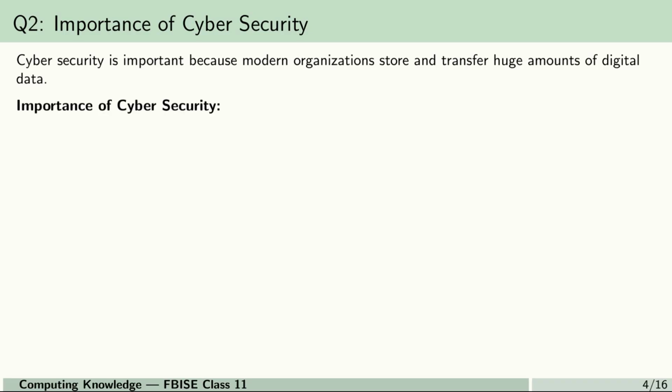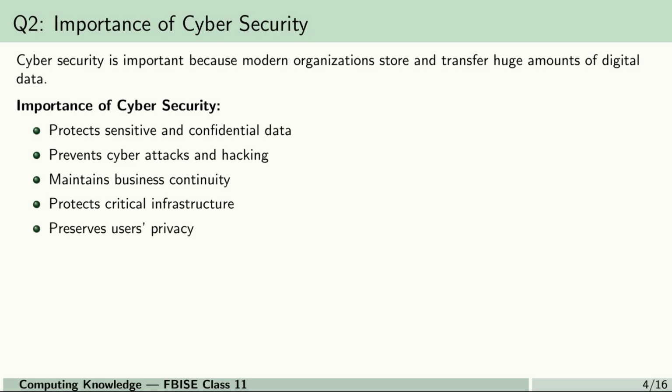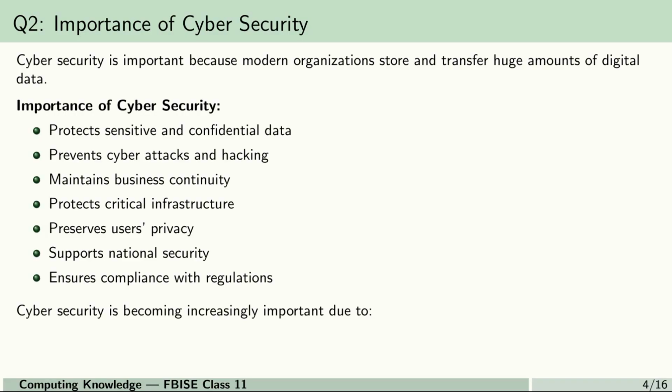Importance of cybersecurity: protects sensitive and confidential data, prevents cyber attacks and hacking, maintains business continuity, protects critical infrastructure, preserves users' privacy, supports national security, ensures compliance with regulations. Cybersecurity is becoming increasingly important due to increased internet use, online banking, and e-commerce.